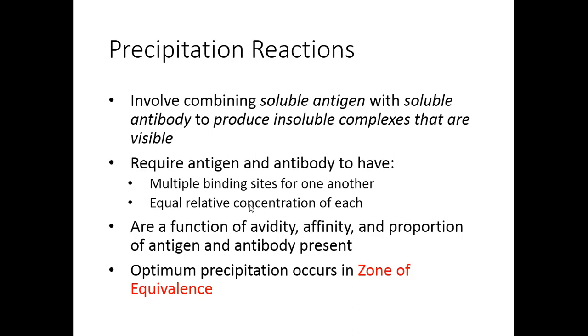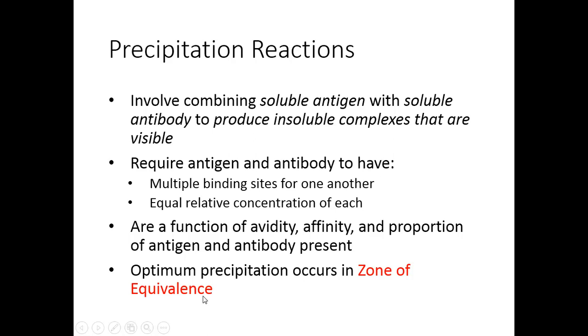Both avidity and affinity, as well as that proportional concentration of antigen and antibody being present, is what gives us that optimal precipitation visualization in a lab test. And the optimum precipitation occurs in what we call the zone of equivalence.